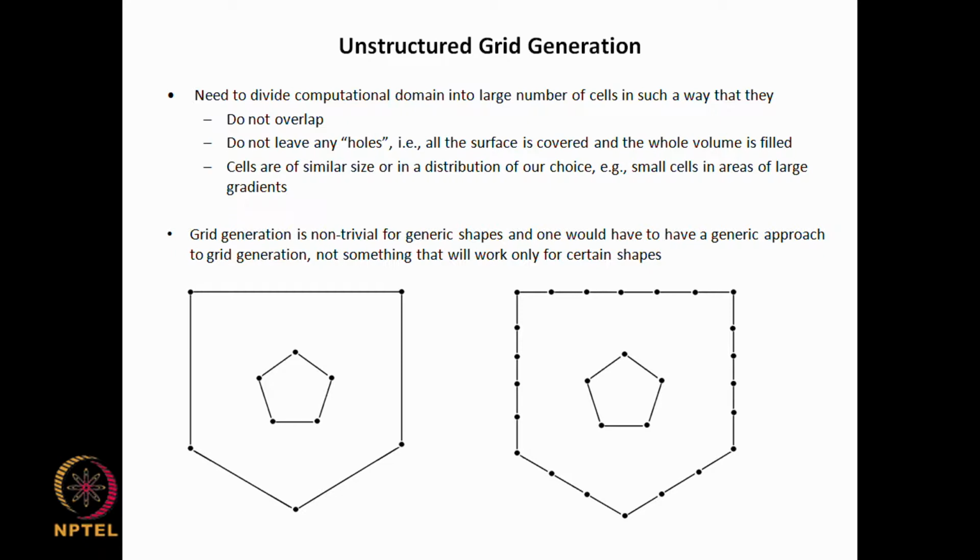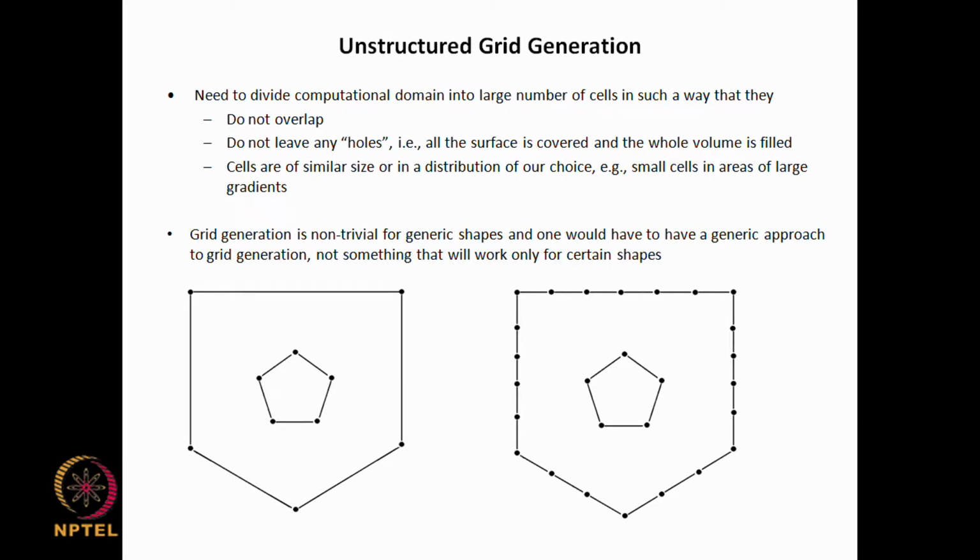So the computational domain must be recreatable from the cells that we subdivide into, and the cells should be roughly of similar size. We cannot have very large cells and very small cells in an arbitrary way, okay? And if they are not of similar size, they should be in a distribution of our choice.